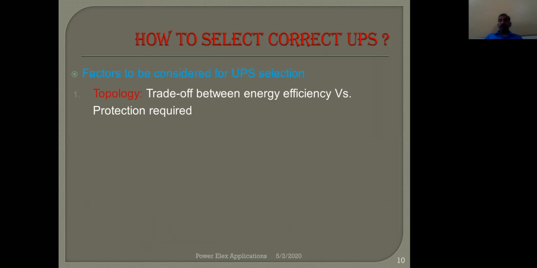First is topology. Means you have to first decide whether you are going for a single conversion, double conversion, or a multi-mode UPS, because it directly affects the cost. And this decision is nothing but a trade-off between energy efficiency and protection. So you have to balance whether you want efficiency, whether you want protection, or you want both. And how to balance them is the important decision here.